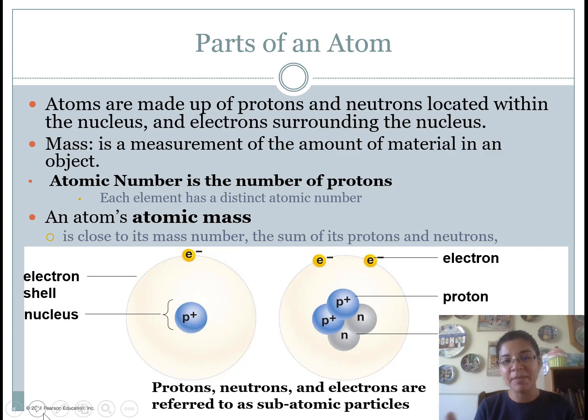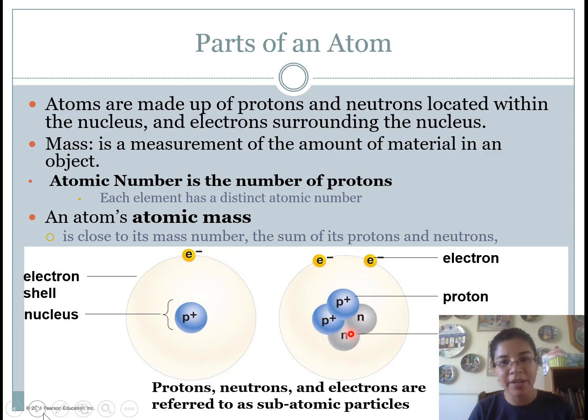The atom is made up of 3 subatomic particles. They're smaller than the atom, and they make up the atom. In the center of the atom, which we call the nucleus, we have protons. Protons are denoted by the letter P with a positive sign. Also located in the nucleus, we have neutrons.